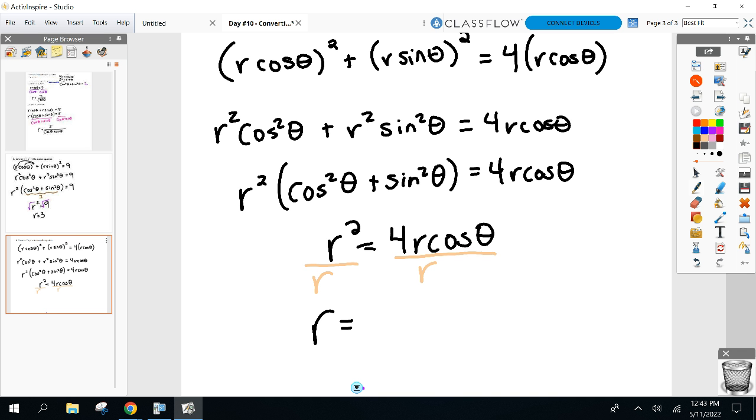R equals 4 cosine theta. R by itself, and the R on the other side is gone. Done. So sometimes taking the square root won't cut it if you don't eliminate the R.